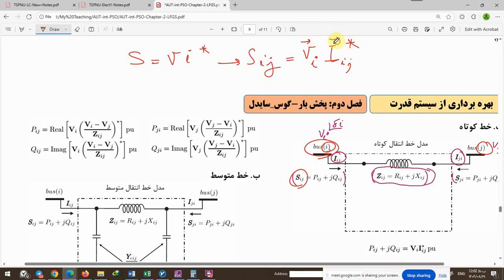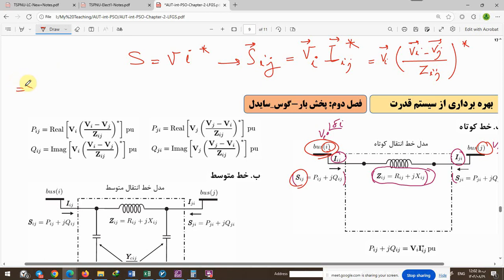All of them are vectors: VI times VI minus VJ over ZIJ, all of them conjugate.